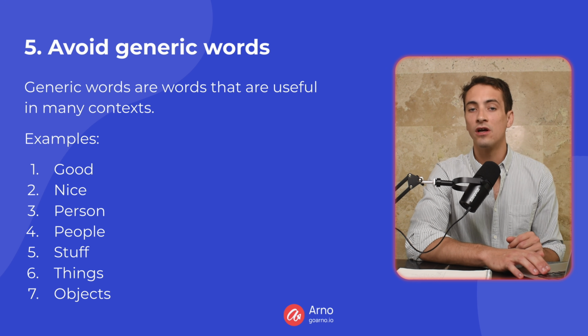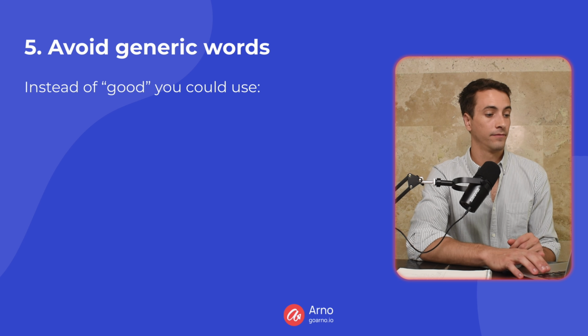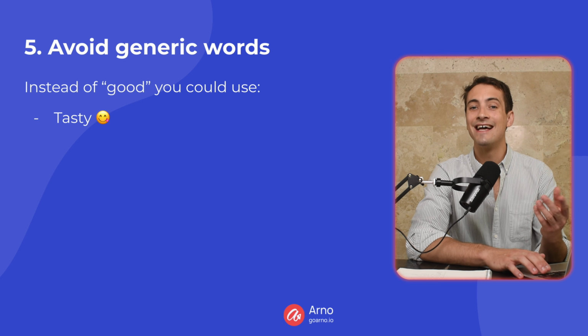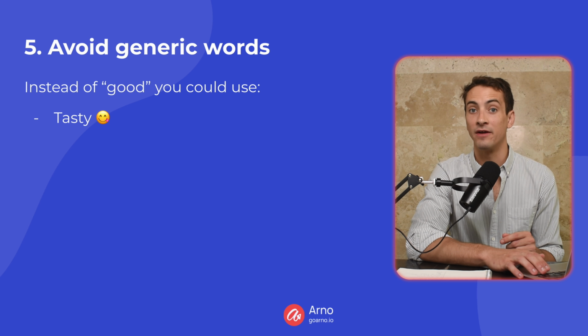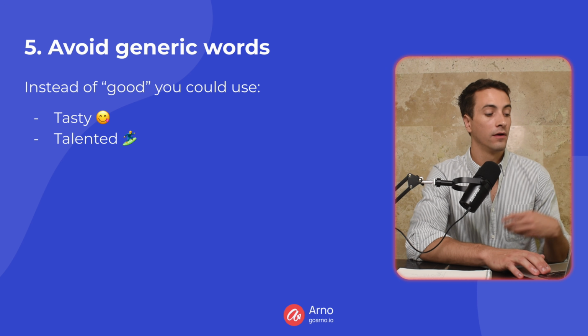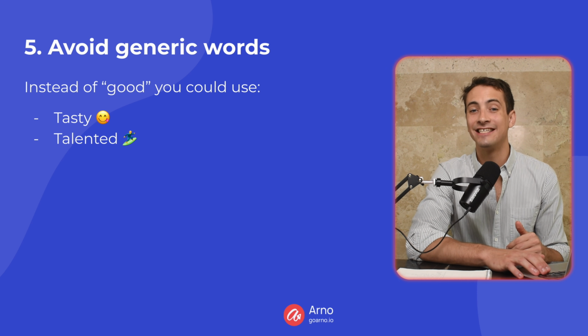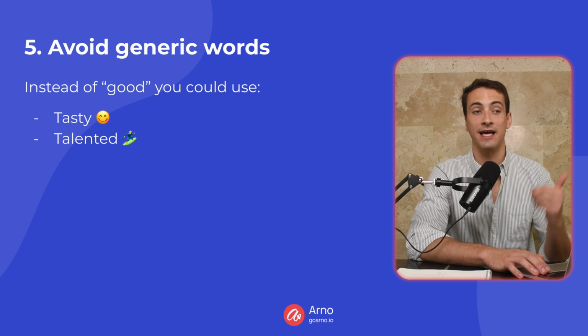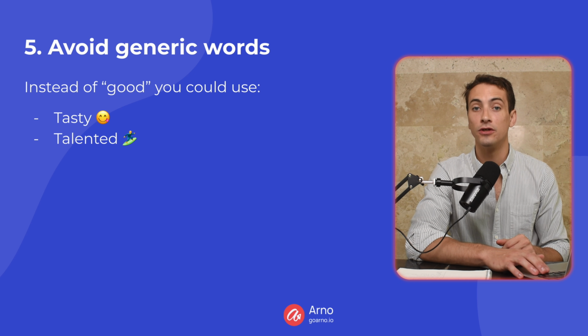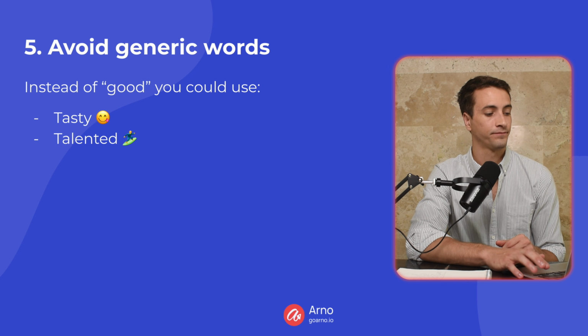So instead of using a word like good, you could use a word like tasty if you are describing food, or talented if you are describing somebody doing an activity like surfing. You could say he is a talented surfer instead of saying he is a good surfer.